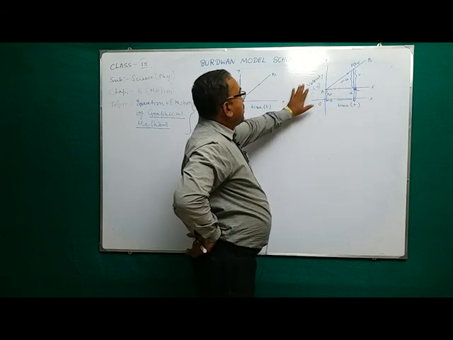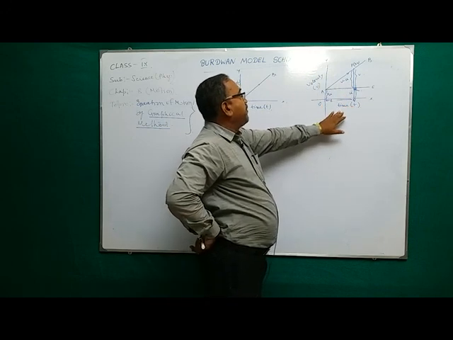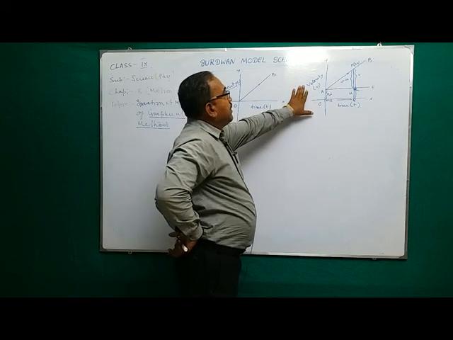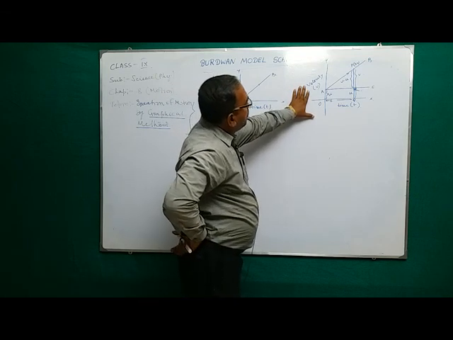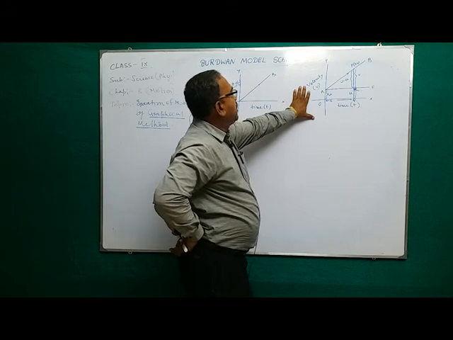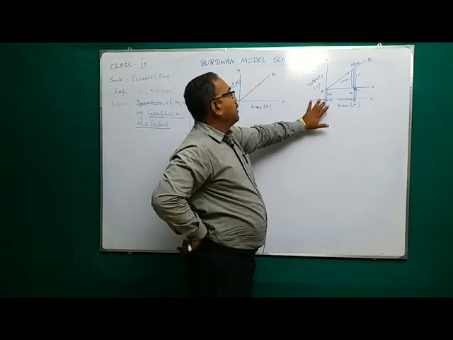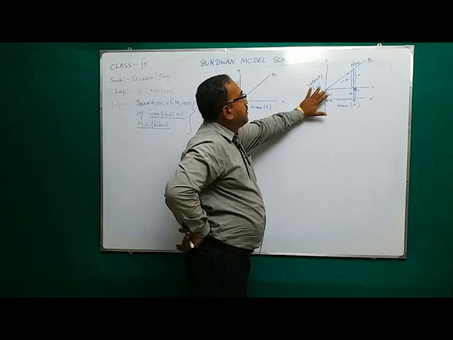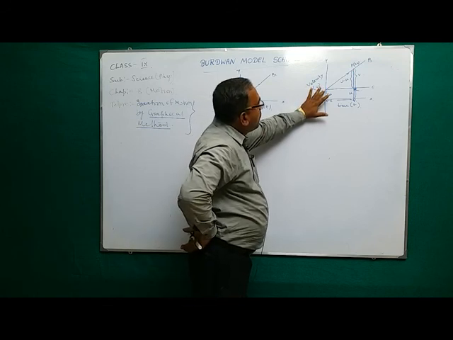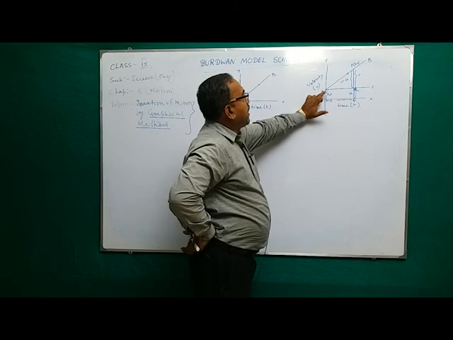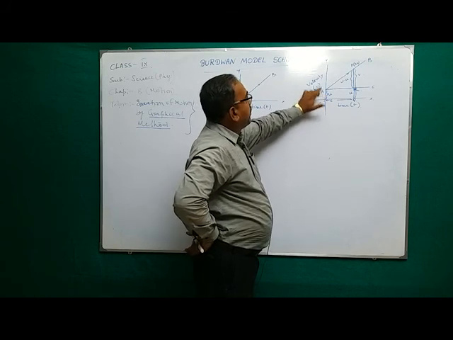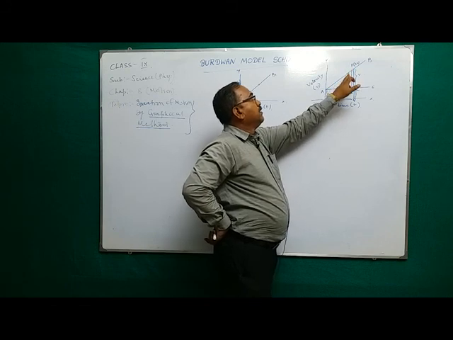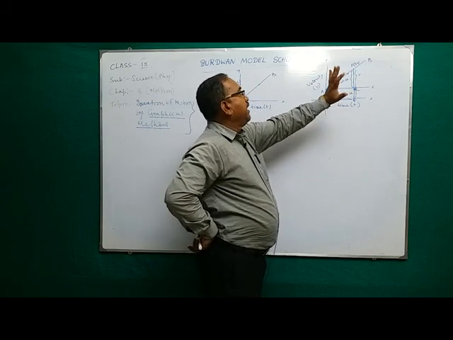You consider the time along the x-axis and velocity along the y-axis. A line passing from the origin or any point on the y-axis. If the line starts from a certain point on the y-axis, along this direction, that means the AB line.